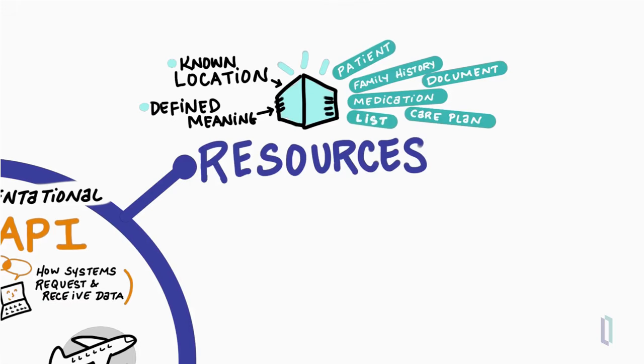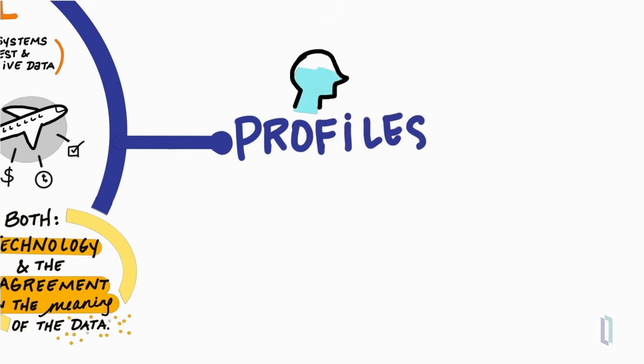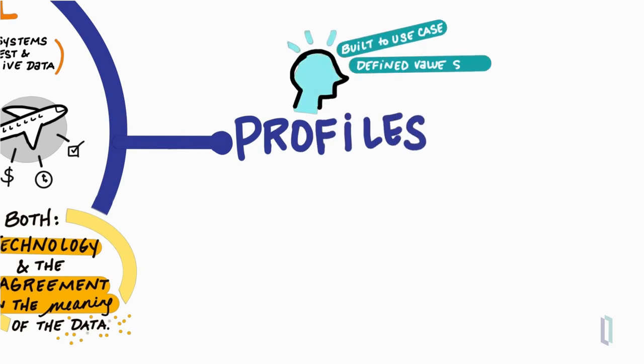And the next concept that is important is FHIR Profiles. And FHIR Profiles are the customization of the FHIR resources for a particular use case. So you create a FHIR profile for a resource for your particular use case.